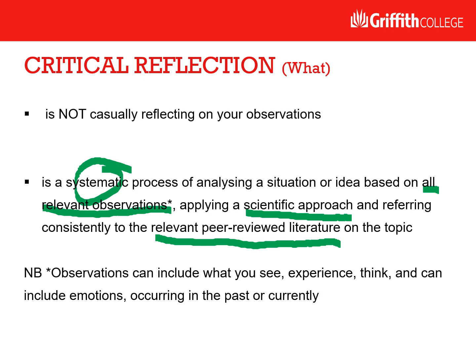Now, when we say observations, the observations could be what you see, experience, think, and where relevant, it can be emotions. And these can occur in the past or currently. So the tenses you might be using, if you're reviewing an event in the past, could be simple past tense. I did this, I saw this, I felt this.